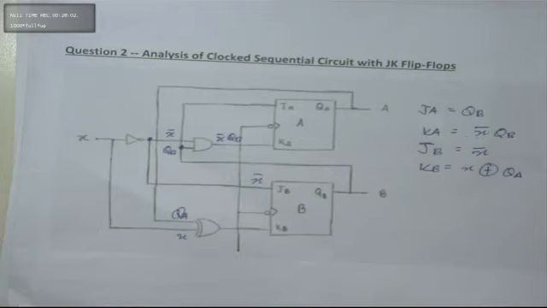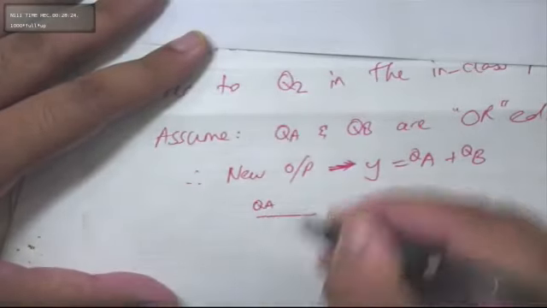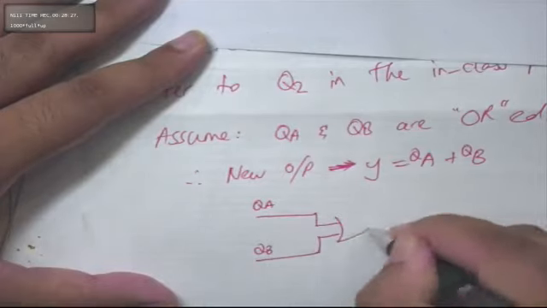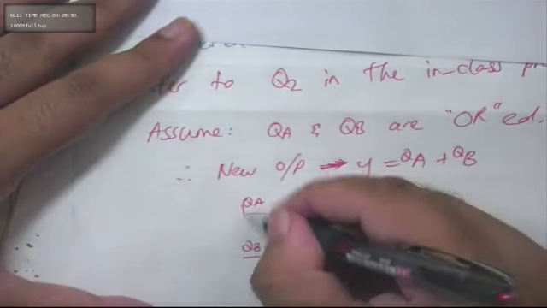And from A, we take the A, and we take the B, and we OR it. So it looks like this. Your QA is here, QB is there, and that's our Y. You get the picture of what I'm saying now?